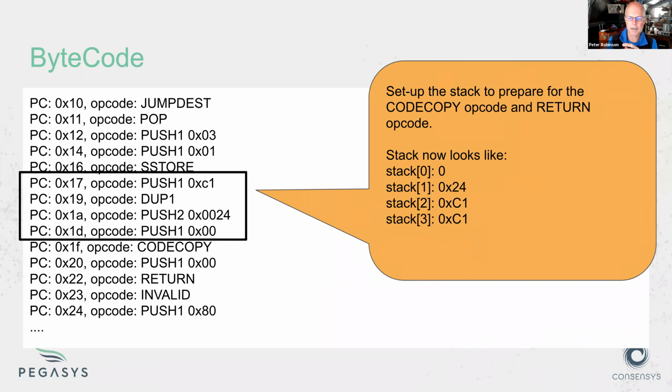So we set up 24, and you can see that here on the screen, after the invalid operation at PC23, we've got PC24, which is push 180. From 0x24, that's the start of the runtime code.